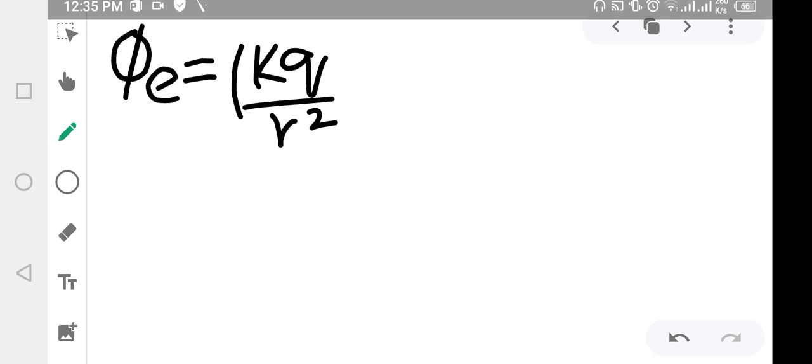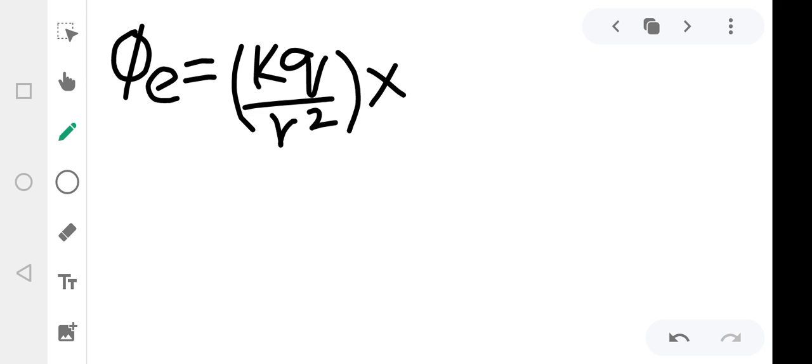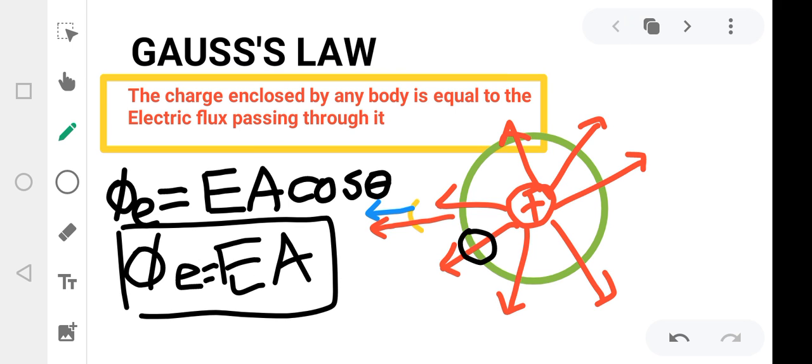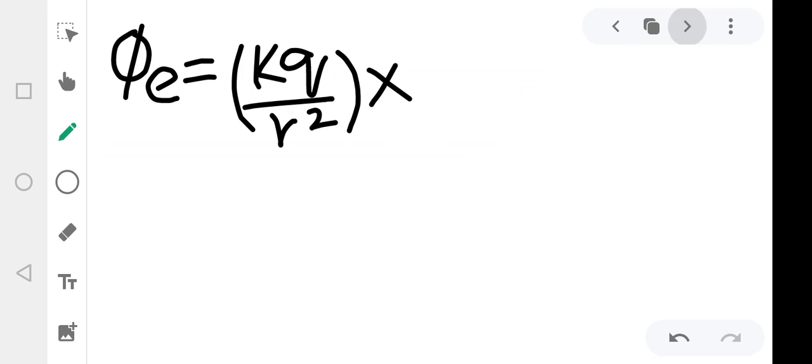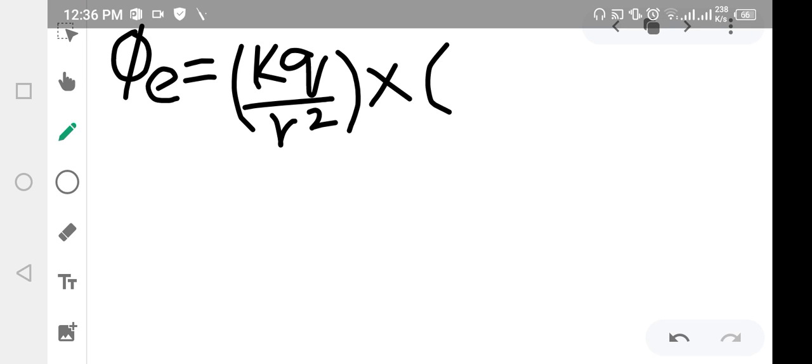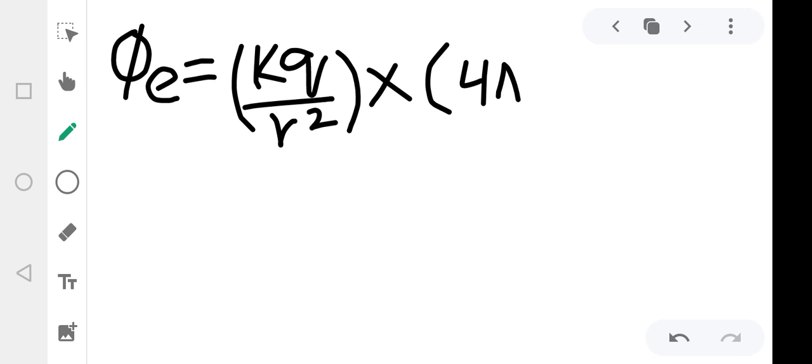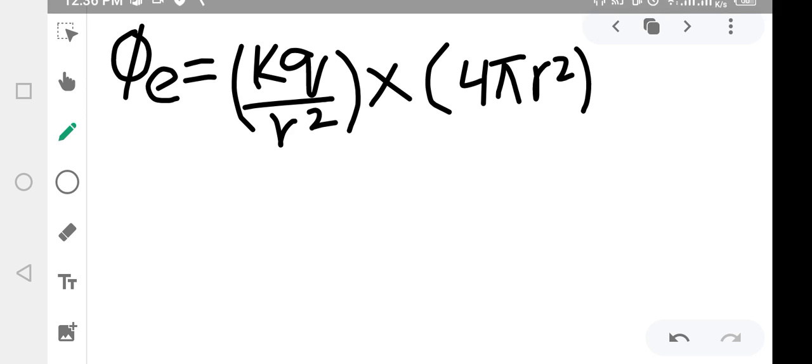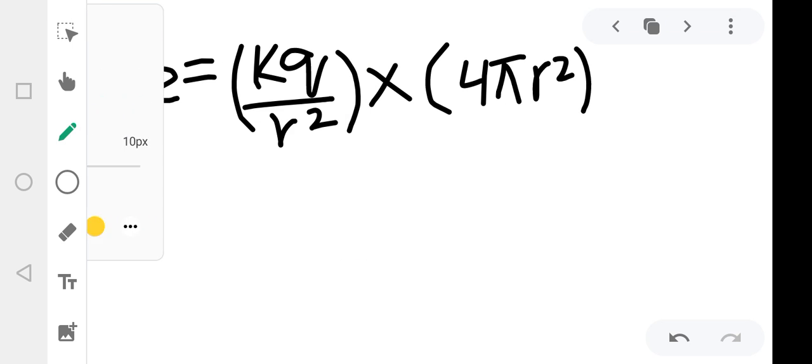This is the electric field, and it is going to multiply with the area. This is a sphere, so the area of the sphere is equal to 4 pi r squared. So let me put 4 pi r squared here. The r squared will cancel with this r squared.